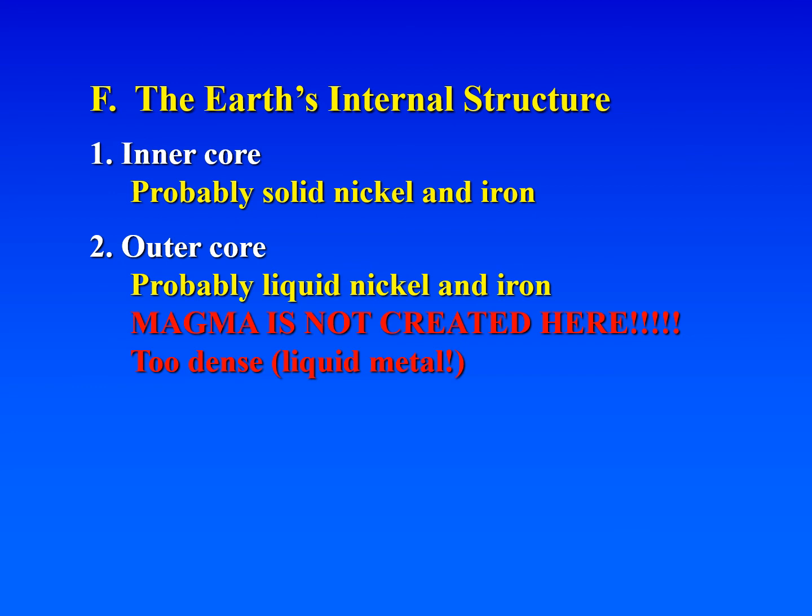This stuff is just too heavy and dense to rise through the overlying rock. So it stays down there. If it really did get up to the surface, we would see liquid metal lava flows, which would be super cool, but they just don't happen, okay? So this is liquid nickel and iron, super dense. It's going to stay in the core and not rise up to the surface.